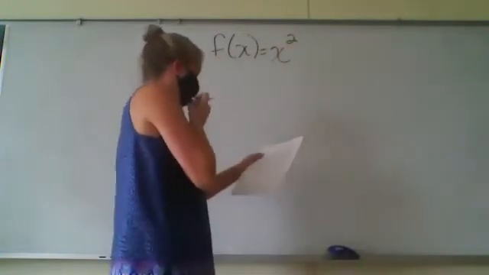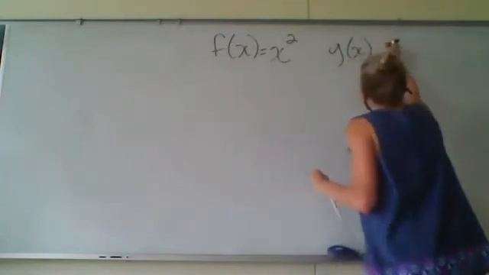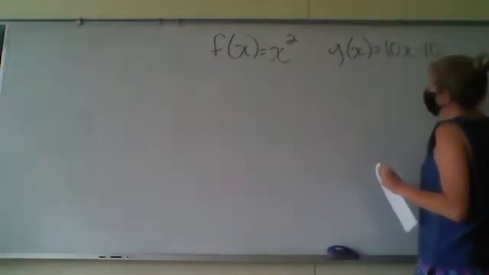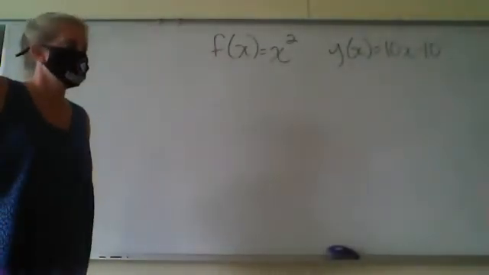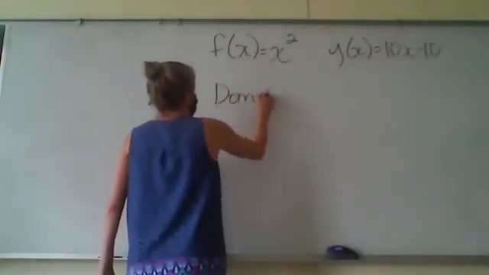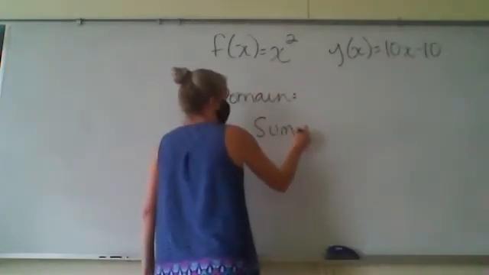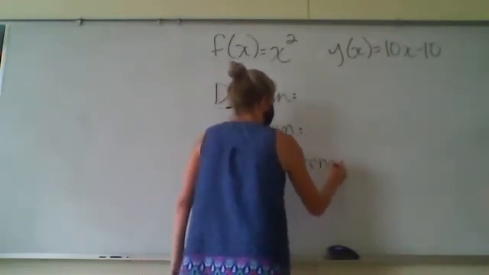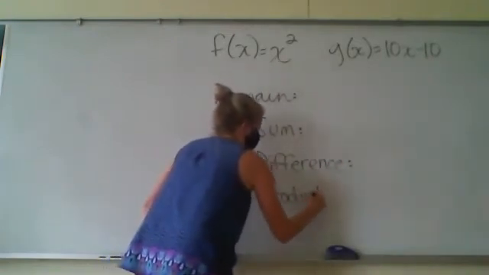The g of x function is 10x minus 10. So there's my 2 functions. What it wants me to do, it's going to ask me 3 different things. It's going to ask me to find the domain of 3 different things. The domain of the sum of those 2 functions, the difference between those 2 functions, and the product of those 2 functions.